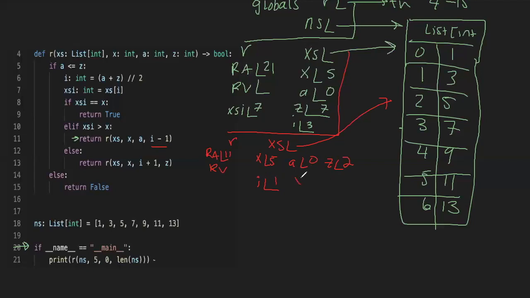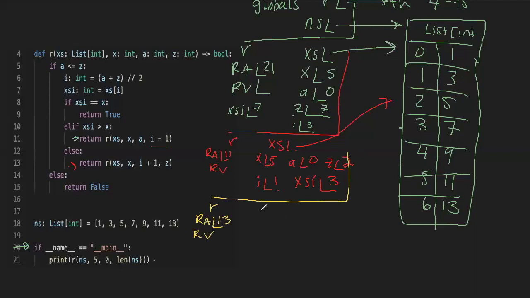And so our list at index 1 is 3. And we check, is 3 equal to 5? It's not. Is 3 greater than 5? It's also not. So now we hit this recursive case. So I'll do yellow this time. We call R again. The RA is now 13.